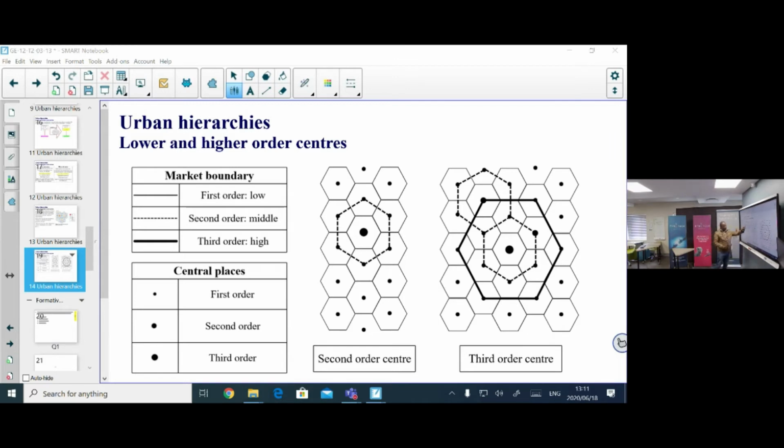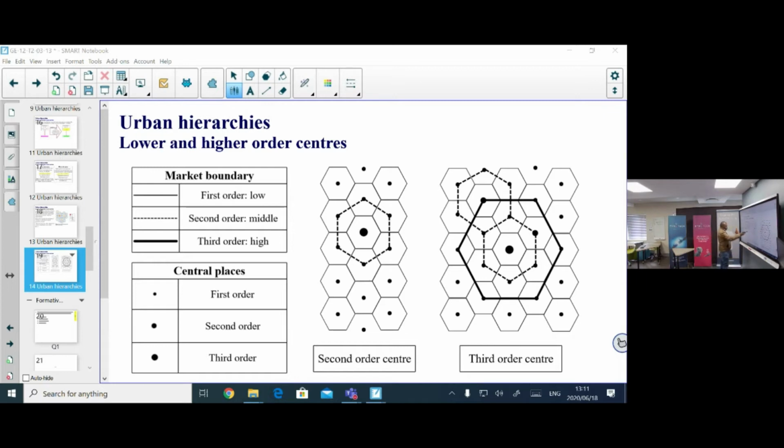So these are the boundaries showing where the market ends, where the sphere of influence ends. The first order is this boundary, the second order is this dotted line, then the third order has a thick line. As you can see, that's a much larger sphere of influence than the two lower orders combined.